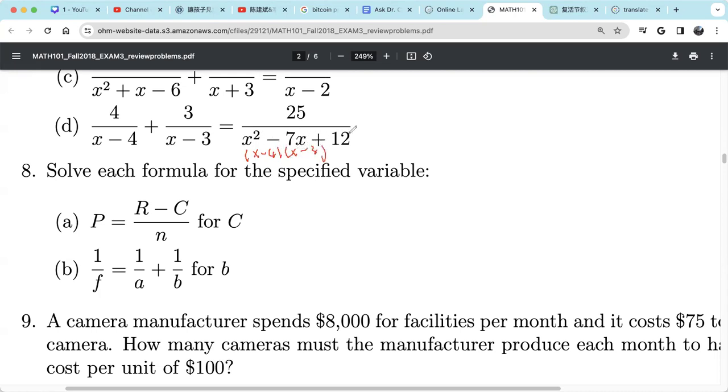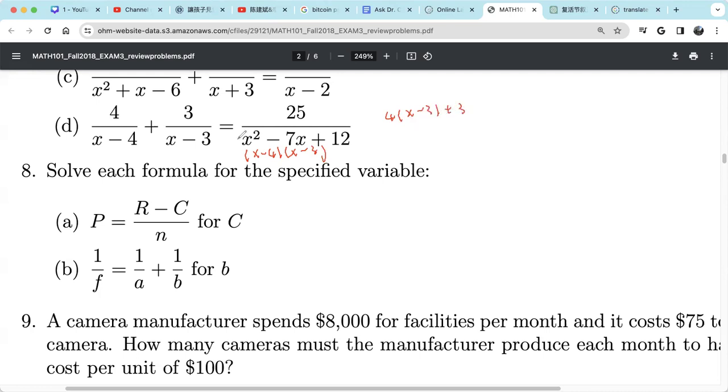I can put this trinomial into 2 binomials. So we can multiply every term with this one. When I multiply the first term, x minus 4 divided by x minus 4 simplifies to 1, then we're left with 4 times x minus 3.